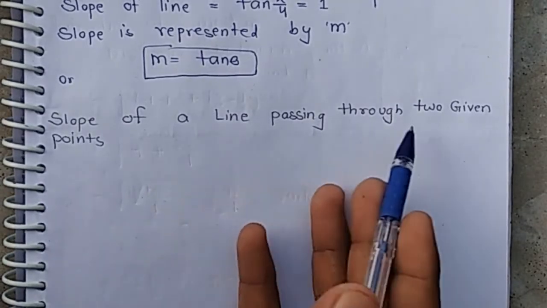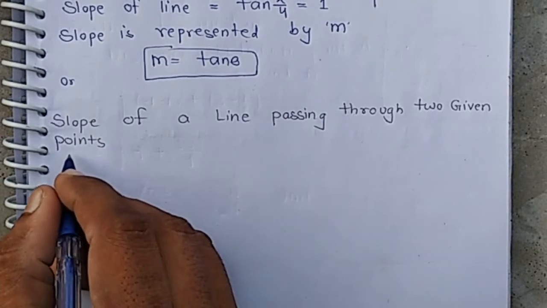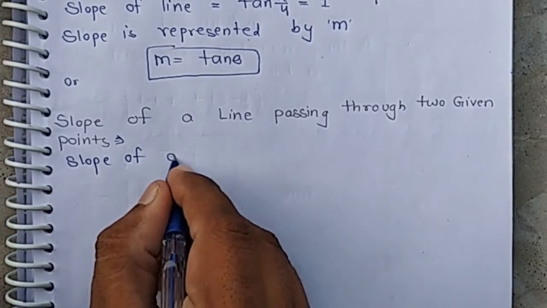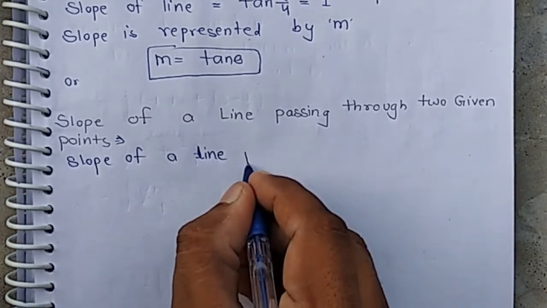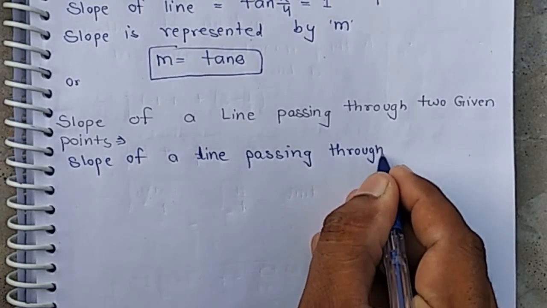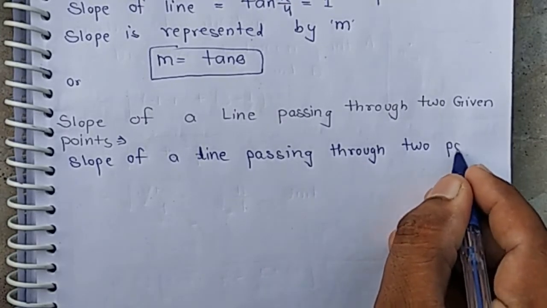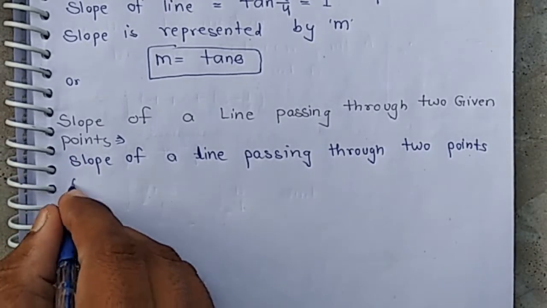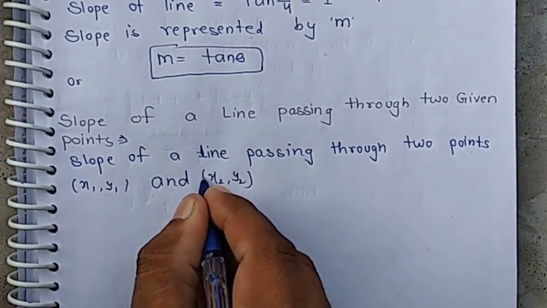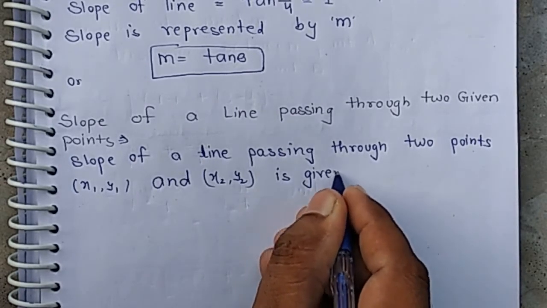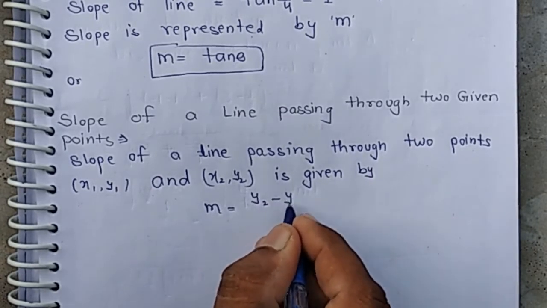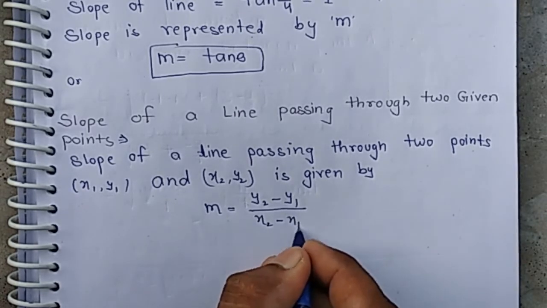Now slope of a line passing through two given points. Slope of a line passing through 2 points x1 comma y1 and x2 comma y2 is given by m equal y2 minus y1 by x2 minus x1.